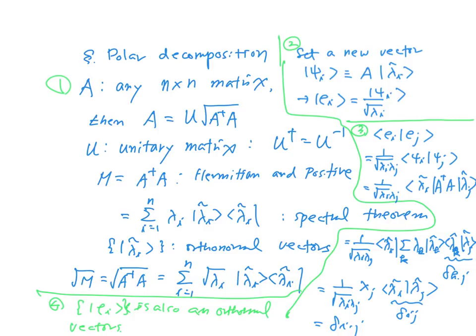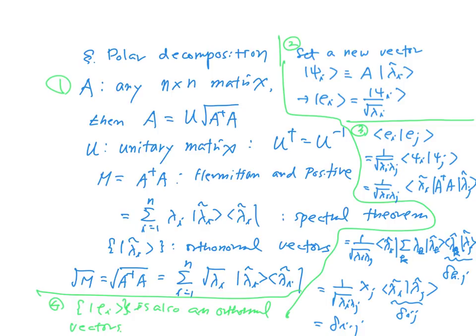You are already familiar with that part, right? And then we define a new vector called φ_i by multiplying A to this λ_i. And then divide by the square root of our eigenvalue, and we define e_i. So I'm curious whether this e_i is also orthonormal vectors. So we need to check that.